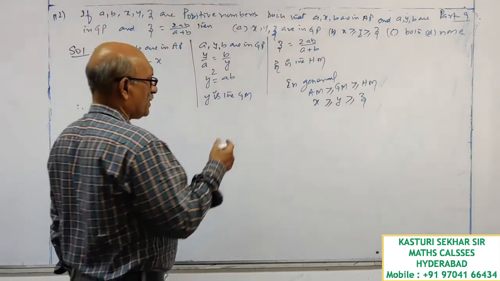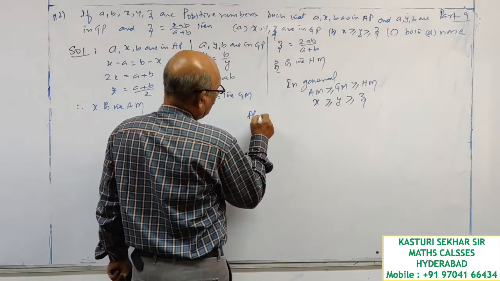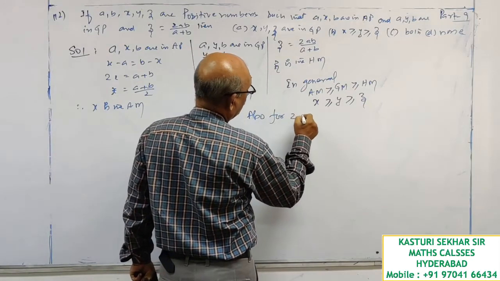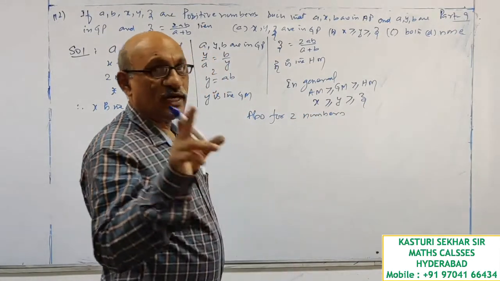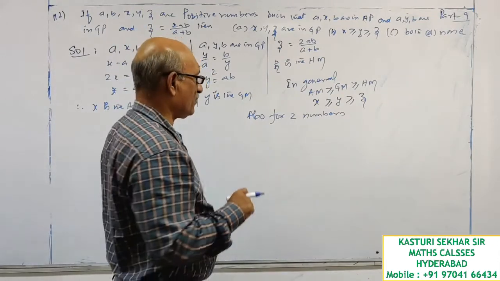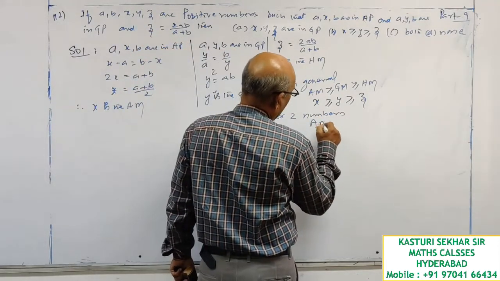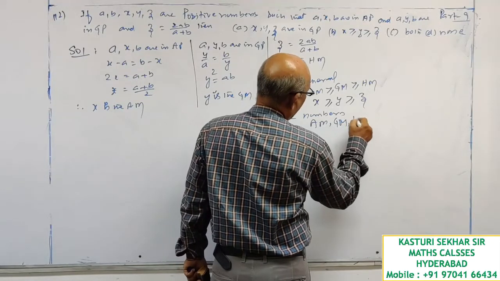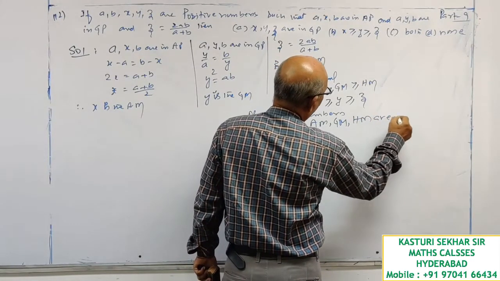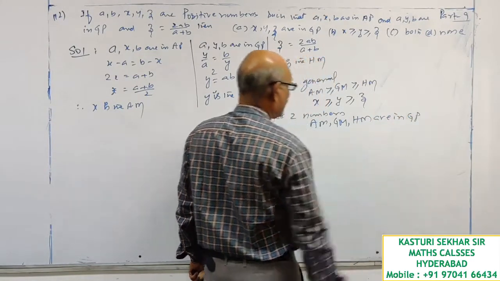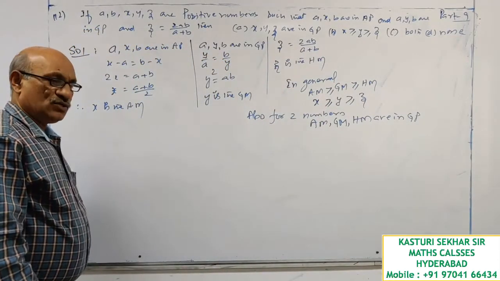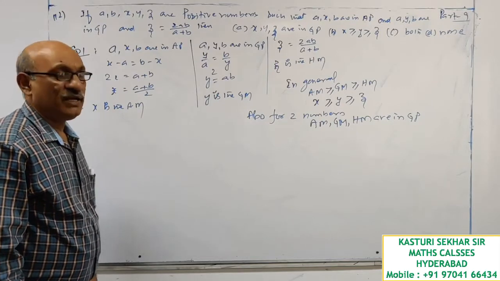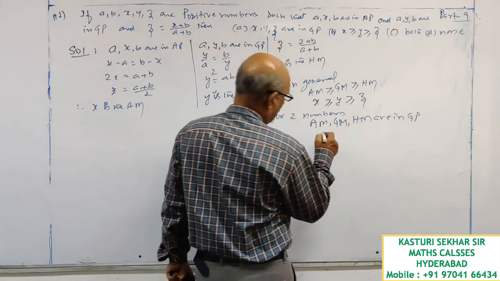Okay. Next, also for two distinct numbers, not equal numbers, arithmetic mean, geometric mean and harmonic mean are in geometric progression.